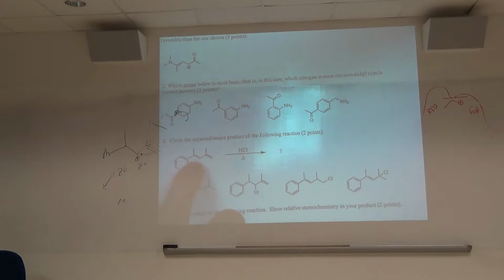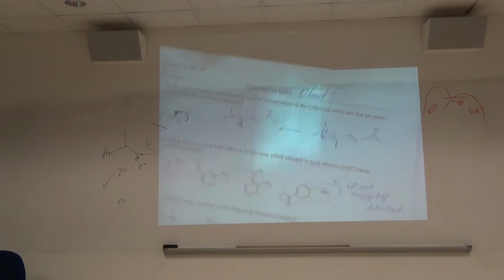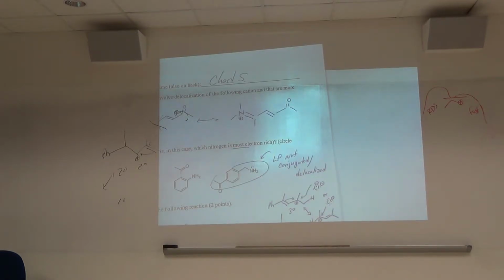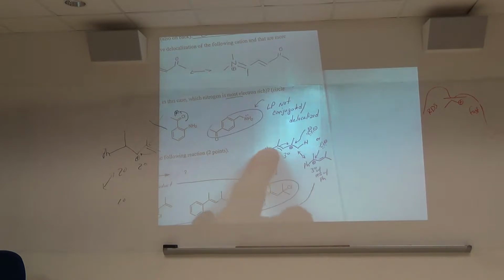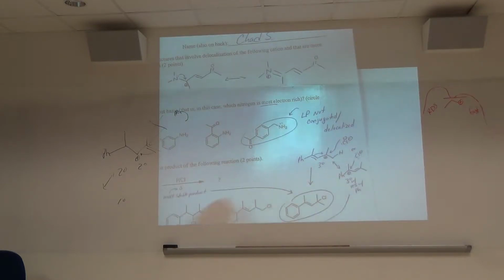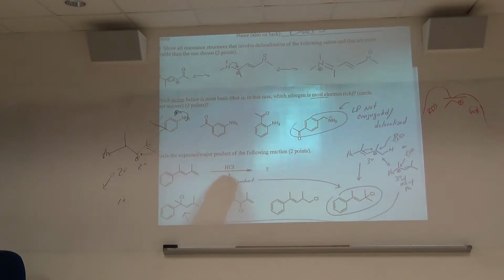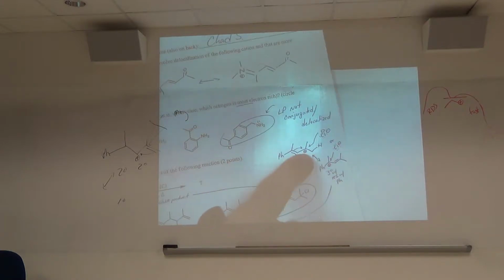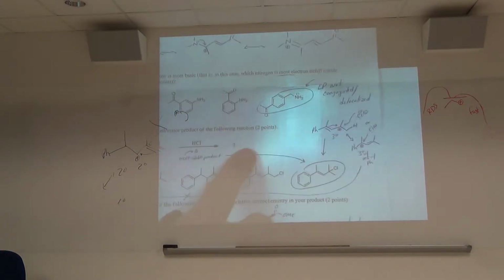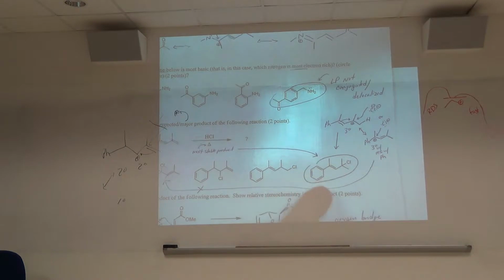Back over here, you still have to consider which pi bond am I going to really react, and so I did resonance, and I said, okay, I'm making a tertiary cation. If this had been cold, I still would have done this consideration. But if it had been cold, what would the product have been?